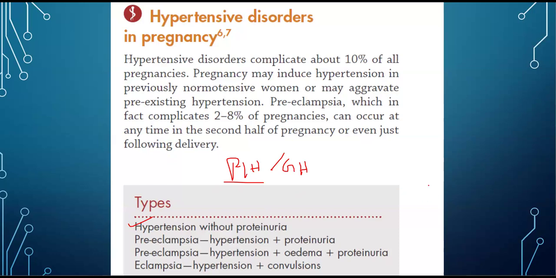That patient will only have hypertension but no proteinuria. But when a patient develops proteinuria with hypertension, it is called preeclampsia. When a preeclampsia patient gets convulsion or seizure, that's what we call eclampsia.